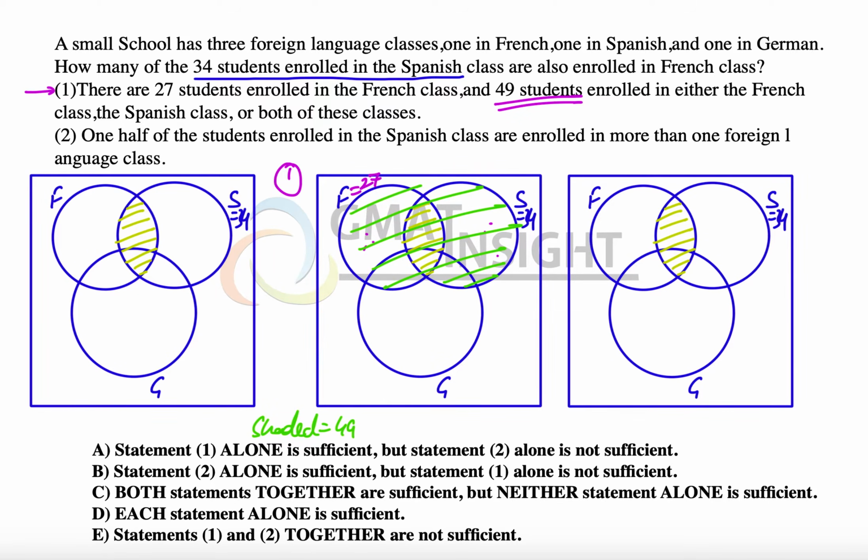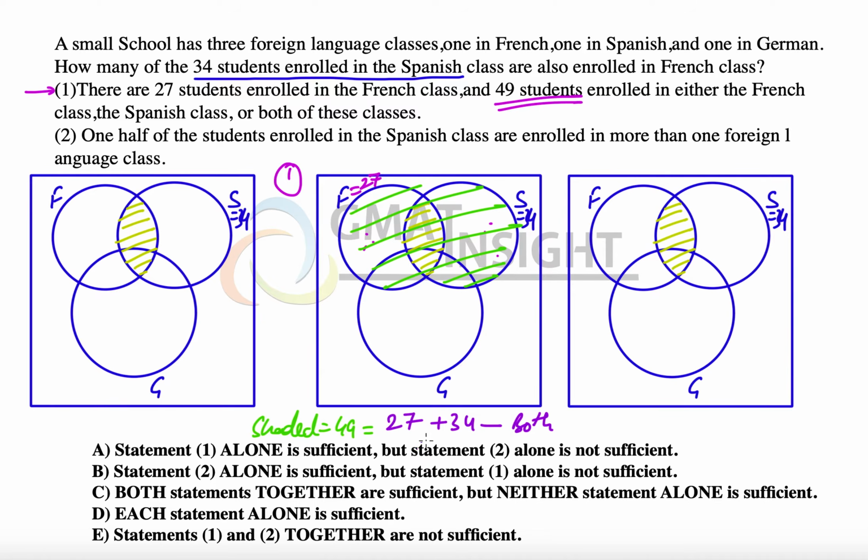But how do we find out the shaded region? With the calculation. Let's quickly do this calculation. This 49 can be said as 27, which is the circle of French, plus 34, which is the circle of Spanish, minus the common shaded part. That means the students who have taken both these classes, right? Because both these classes have been counted twice, in this circle which is 27 and in this circle which is 34 as well.